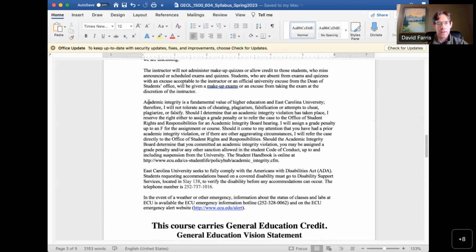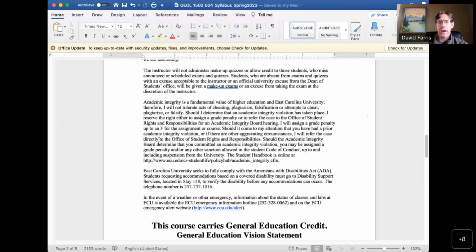A comment on academic integrity: a fundamental thing is that you want to do your own work. If you're found to have undertaken acts of cheating, plagiarism, falsification, attempts to cheat, things like that, this is an academic integrity violation, and we will follow the steps for dealing with this, which are outlined at the Office of Student Rights and Responsibilities.